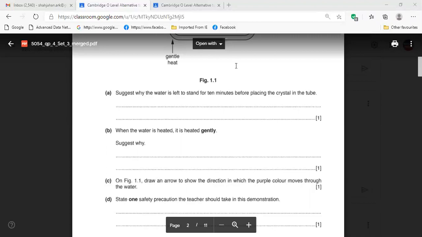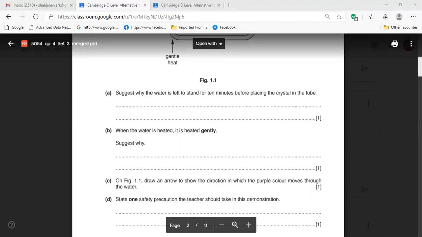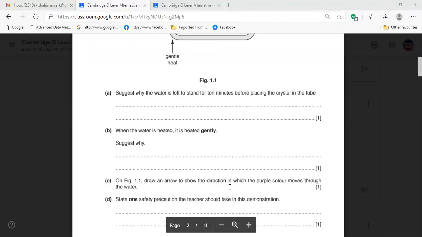So please write, and tell me finally what you wrote. Tamjid, what did you write? To observe the convection process carefully. Very good. Then Ifaz, what did you write?